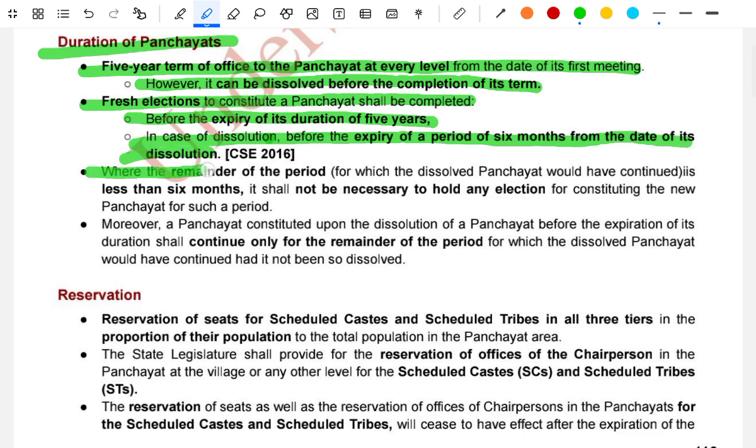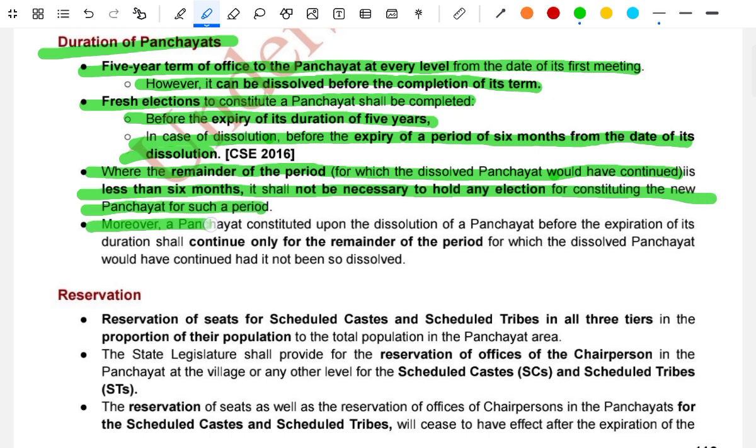However, if the remainder of the period for which the dissolved panchayat would have continued is less than 6 months, it shall not be necessary to hold any election for constituting the new panchayat for such a period.